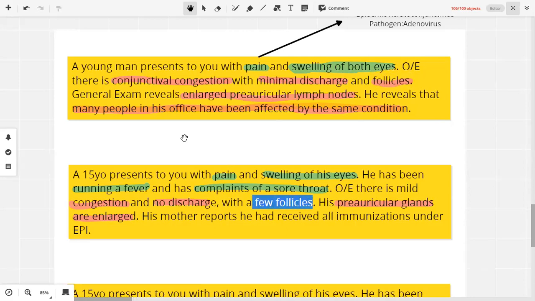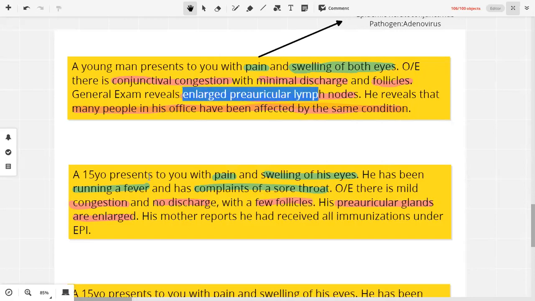So based on the initial symptoms and initial evaluation of the signs we can tell that both of these are viral conjunctivitis. Okay, we have found out that it is viral conjunctivitis. Enlarged preauricular lymph nodes are present as in this case.